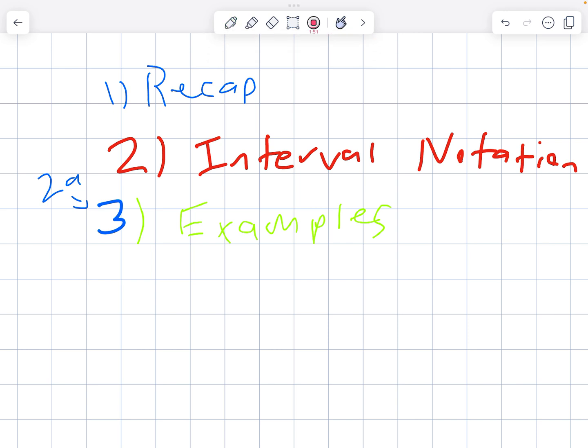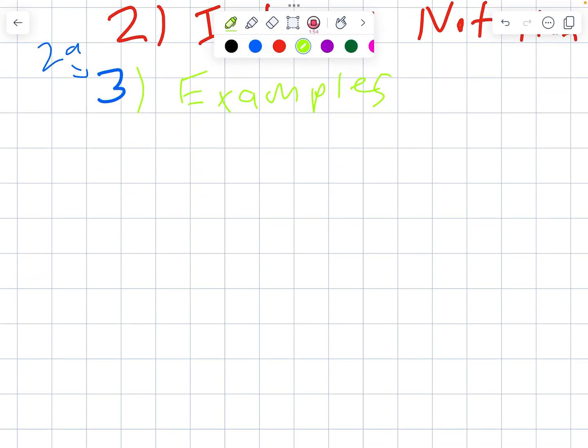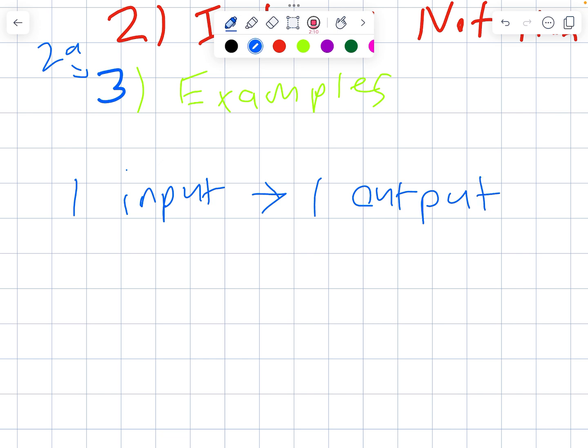All right, let's go. To begin, let's recap what we learned yesterday. We learned that a function maps one input to one output. And a way I like to describe this is kind of like a machine.